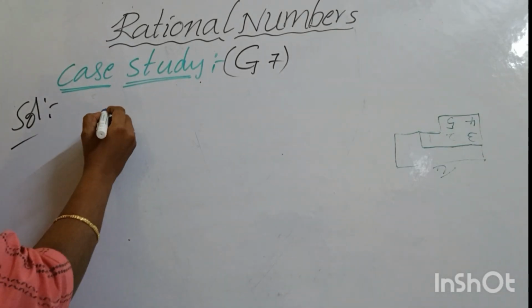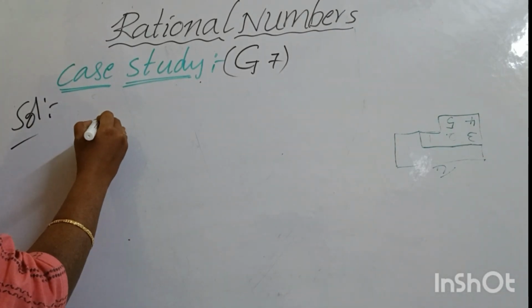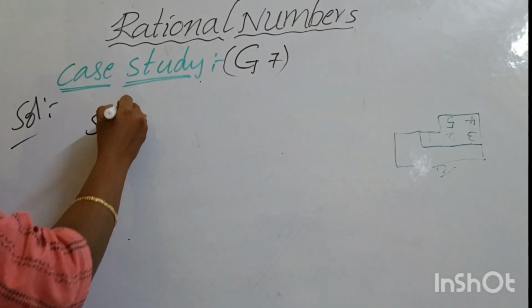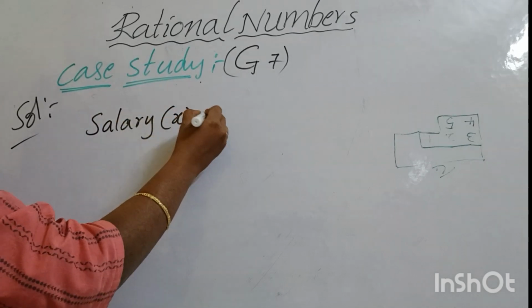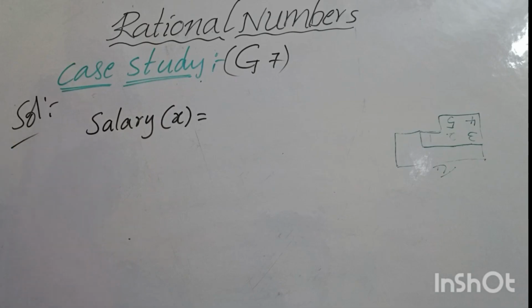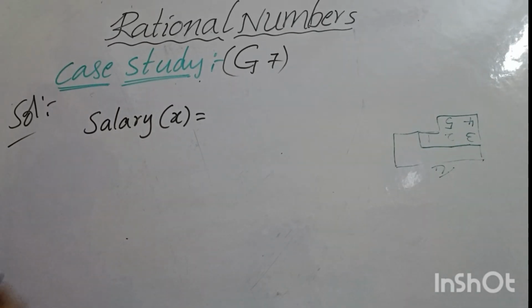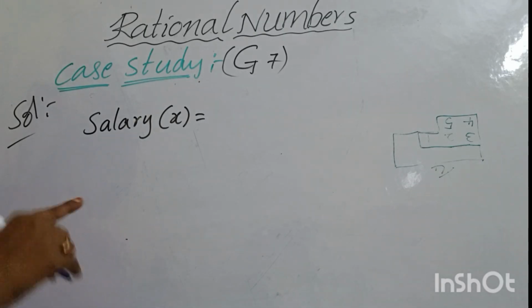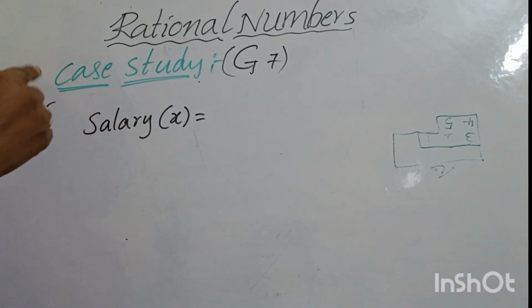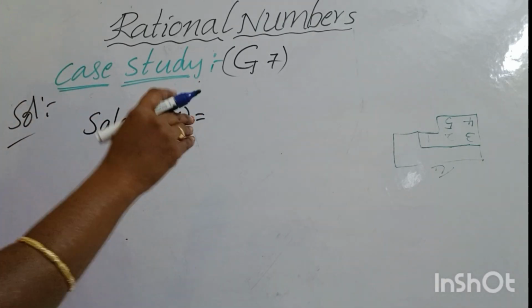Now, we need to find out salary, right? What did we consider as salary? X. Salary X is equal to, income or salary, both are the same, children. X is equal to, first, on food items, on other expenses, and how much he donated. Those are all we need to add.